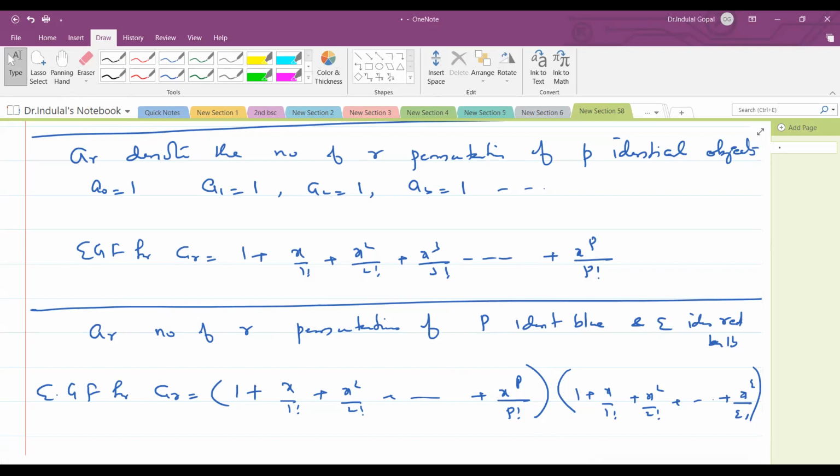Okay, see, this can be further extended to any multiset. If we have distinct elements in the multiset, we can extend this to any number of objects.